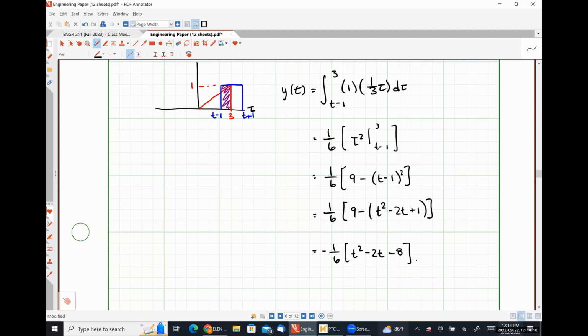That's an 8. Nine minus 1, 8. And then when I pull a negative sign out, I wind up getting a negative.